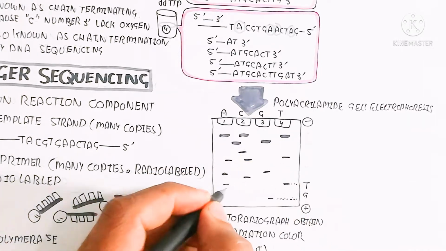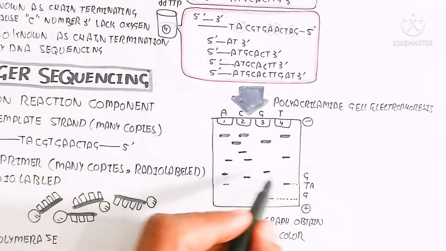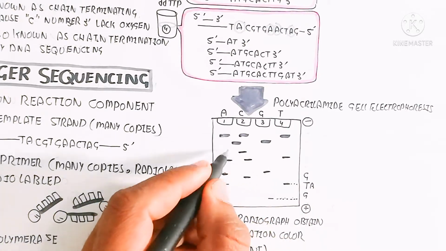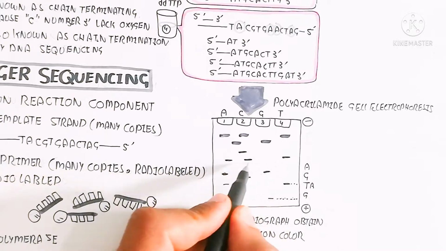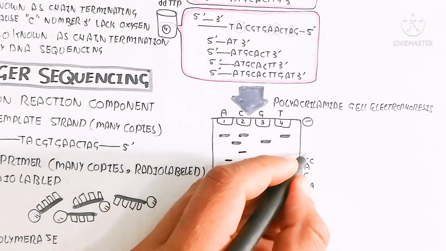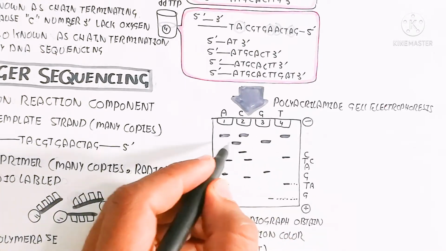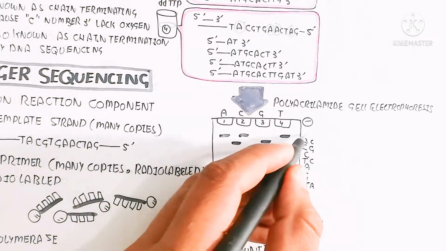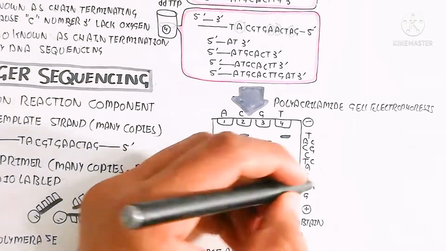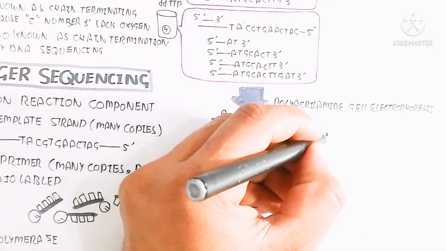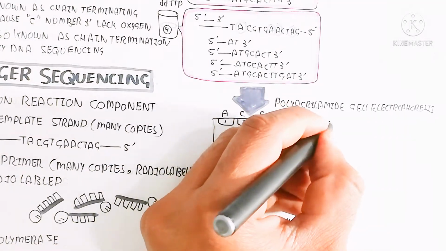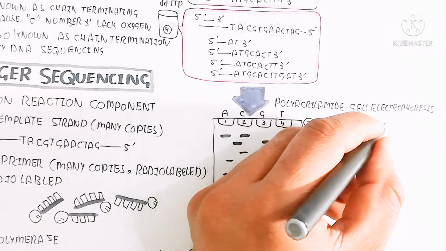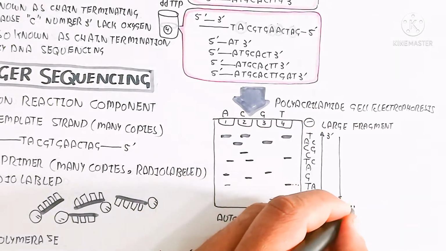Here we can read through autoradiograph, where the radiation obtained will produce color, and in this way we can read the sequence: G T G A T C C C G A T A C T, from downward to upward, low density to high.